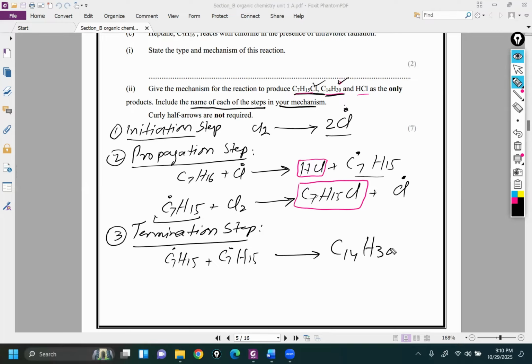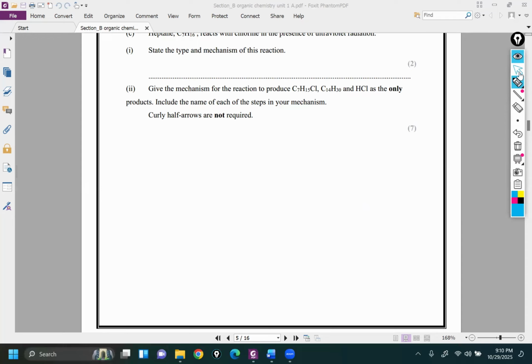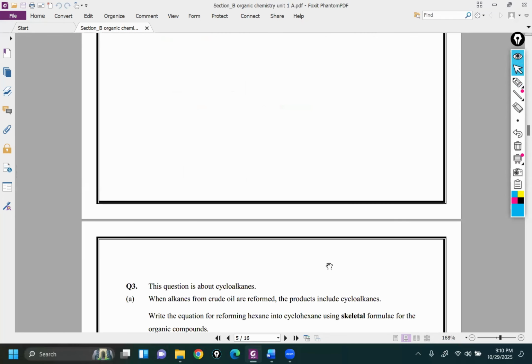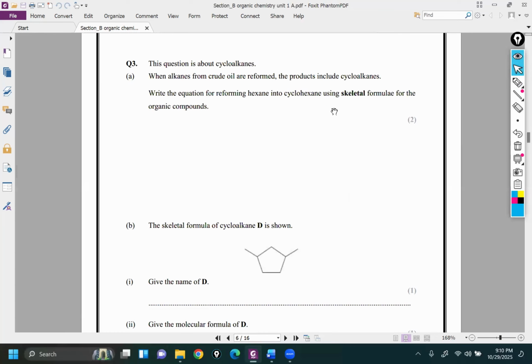Now you can easily divide the 7 marks, so 1, 2, 3, 4, 5, 6, and 7. In less time you can easily score, but after proper practice, you must be able to write the mechanism for any given alkane.